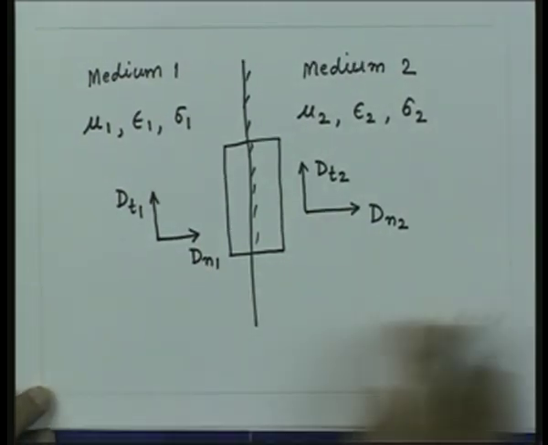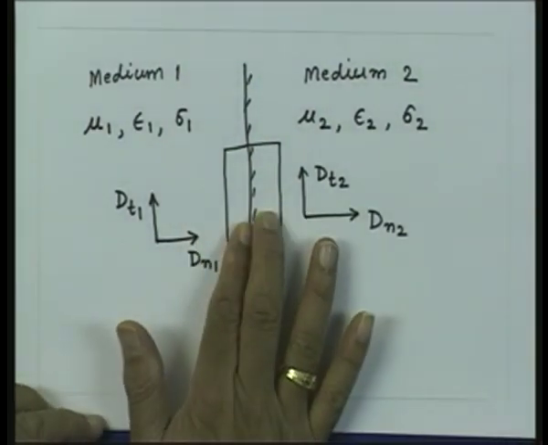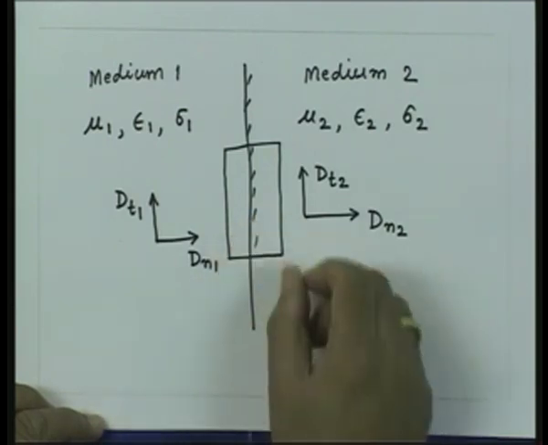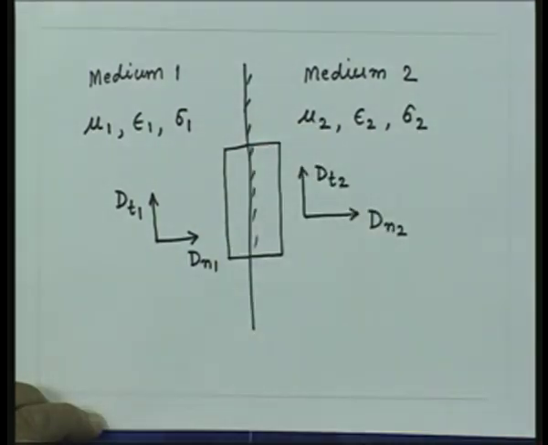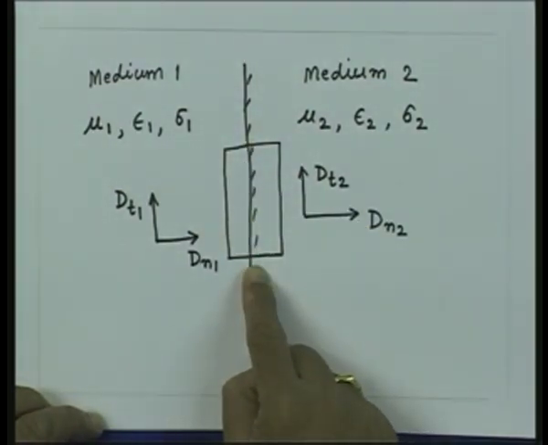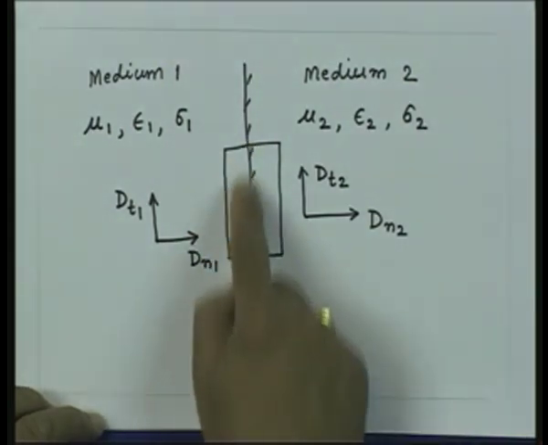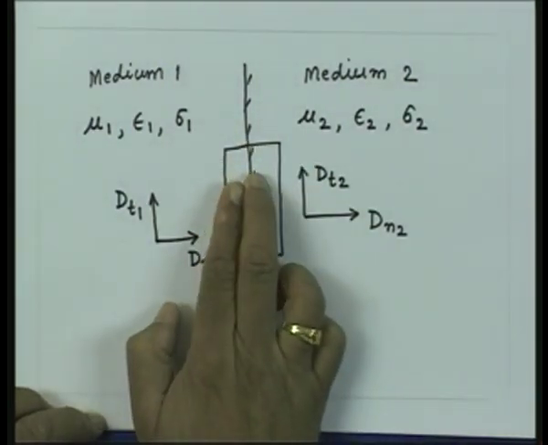However, the other case could be that when this box goes to 0, I have a surface charge here, and if there is a surface charge here, then the difference of these two should be equal to this charge, because this is the charge which is enclosed by this box.